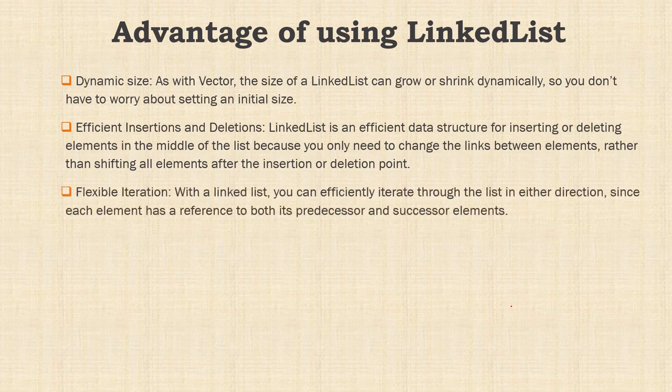Flexible iteration: with a linked list you can efficiently iterate through the list in each direction, since each element has a reference to both its previous node and next node. It is easy to iterate because it points in both directions, left and right.